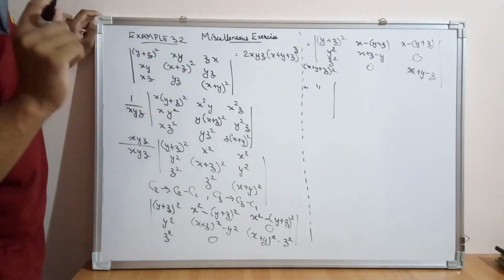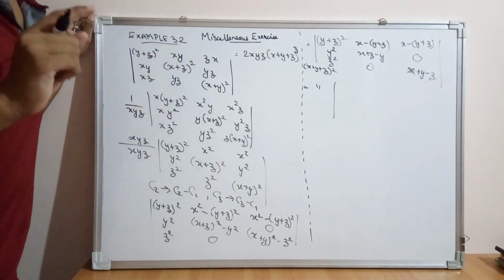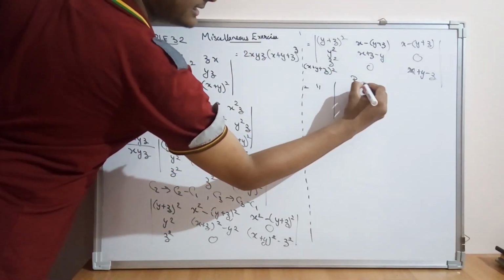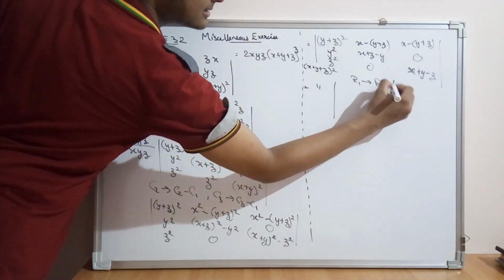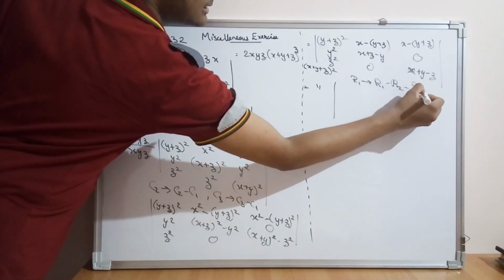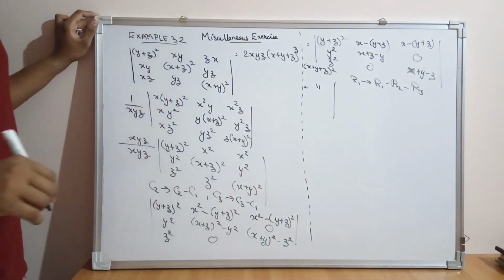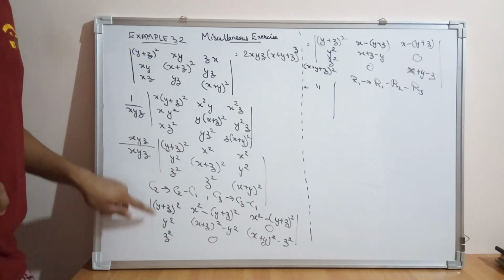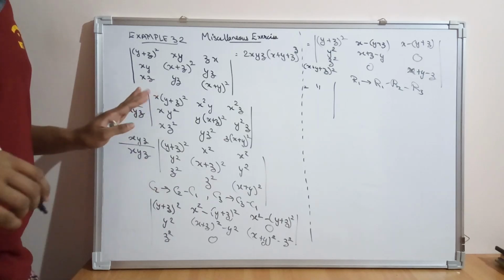So we need to apply any of the row operations in order to cancel this off. For that, we'll take R1 to R1 minus R2 minus R3 in this case. Since I had seen in the first case that it would get cancelled and we get a smaller term here, I had chosen that.